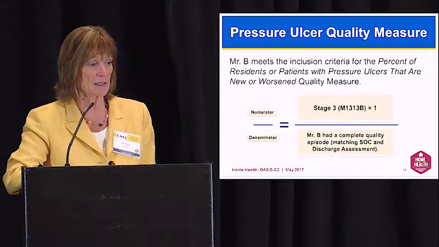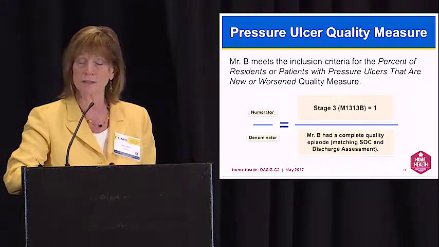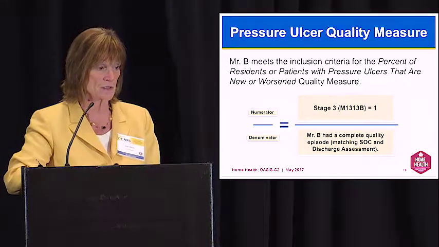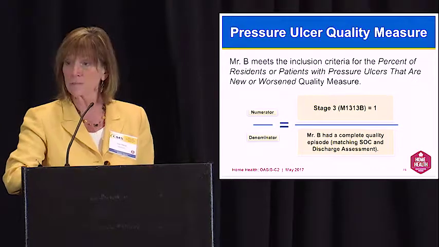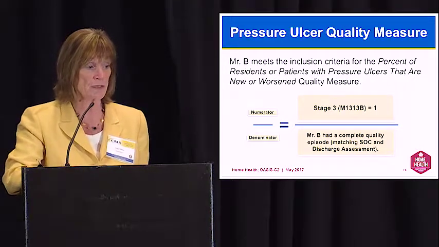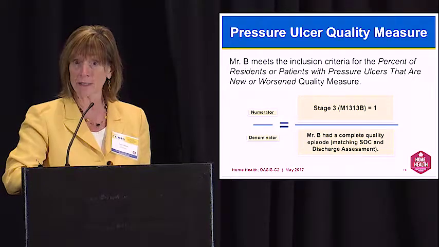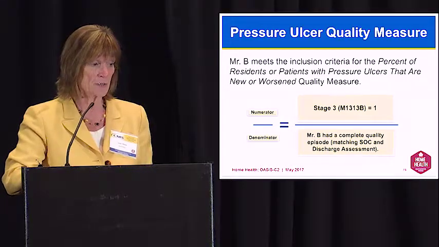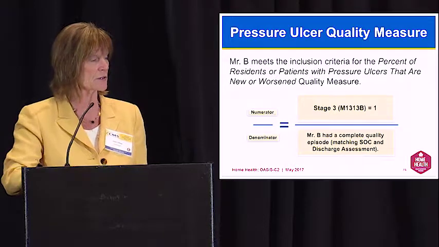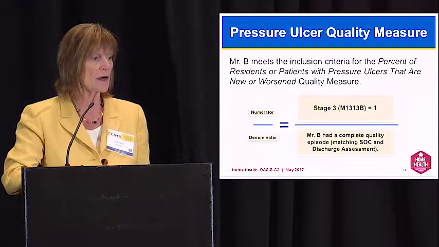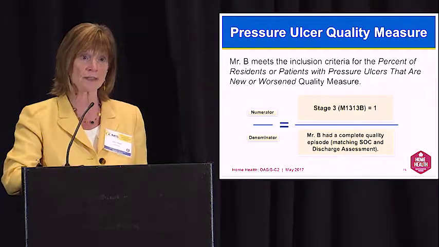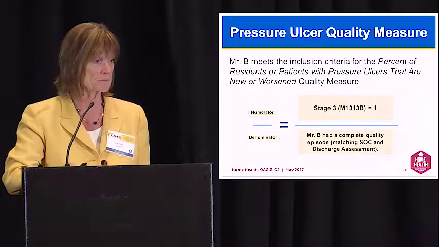Mr. B did meet the inclusion criteria for the percent of patients with pressure ulcers. He had that stage 3, which we scored at M1313B. And he did have a complete quality episode, right? So we did have a matching start of care with a discharge assessment. So he would meet the inclusion criteria for that quality measure.